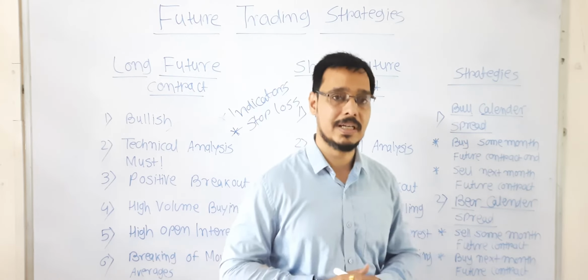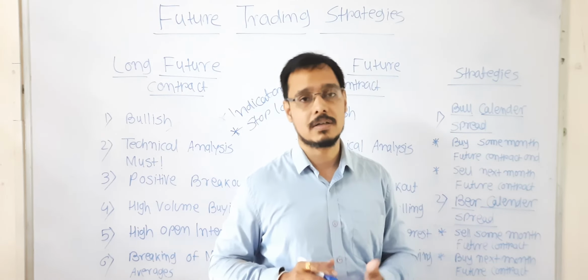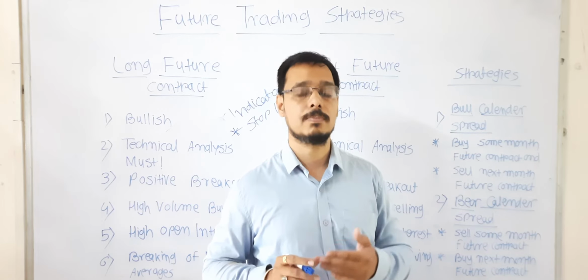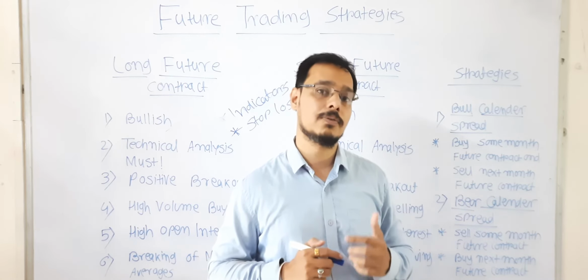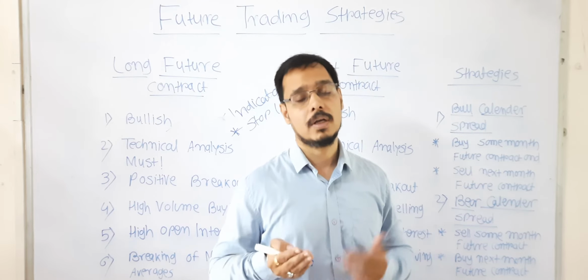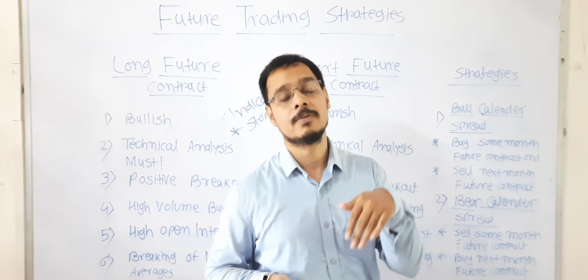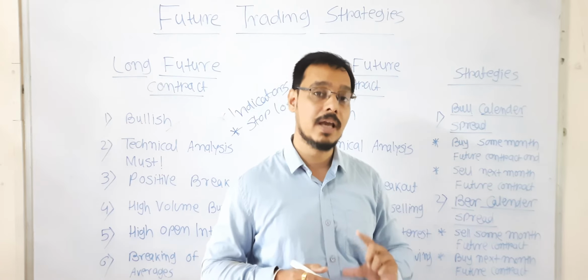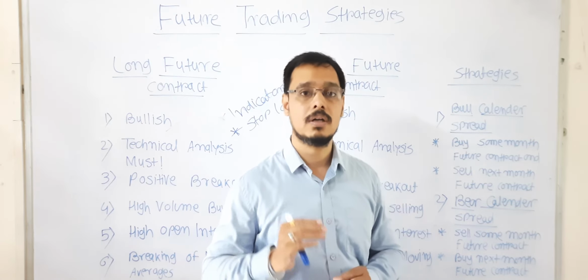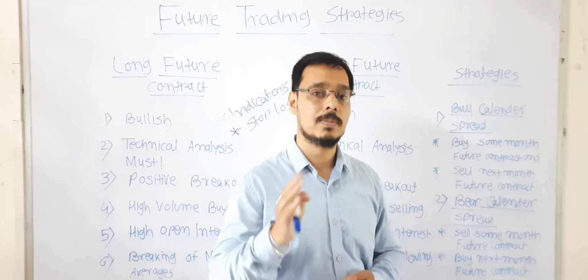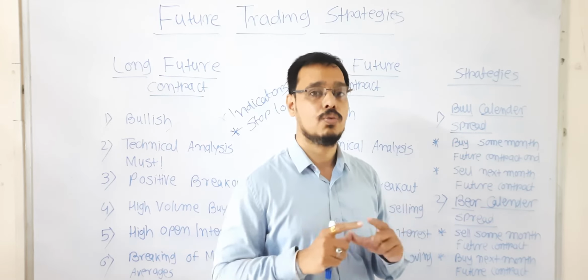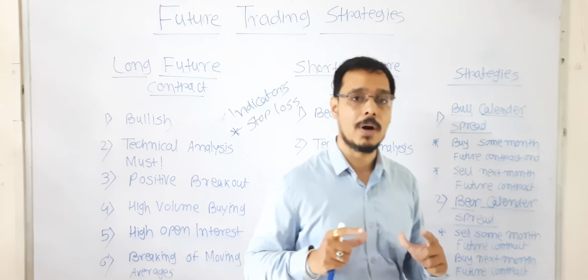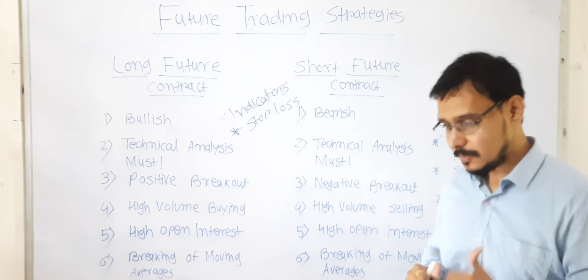Here you are anticipating that in the near term, in the short term, the September future contract will go down and the October future contract will go up. But the downwardness of the September future contract will be higher as compared to the upwardness of the October future contract. So as this spread goes wider, you will be bound to make profit.